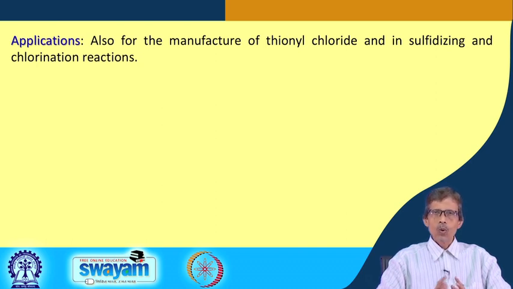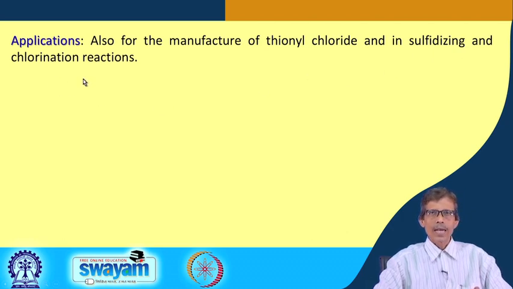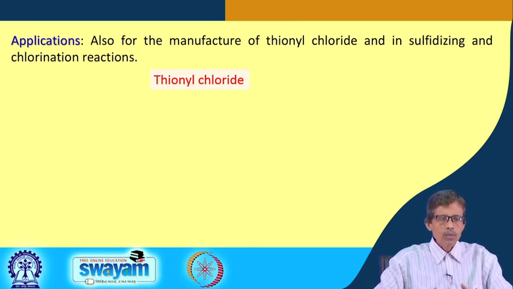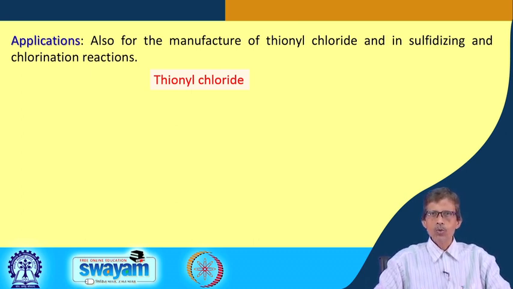So, if you have RCOOH, it can be directly converted to RCOCl with the use of thionyl chloride, and also in sulfidizing and chlorination reactions, that means introduction of sulfur or introduction of chlorine in some reactions. Now we will see what that particular thionyl chloride is. We have seen S2Cl2, today SCl2, and now it is thionyl chloride.